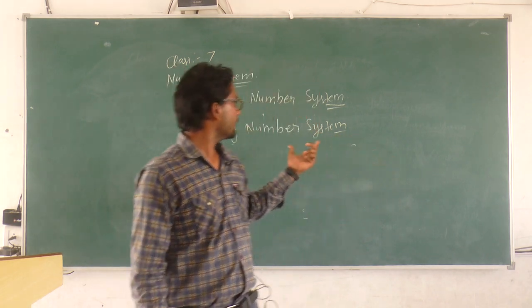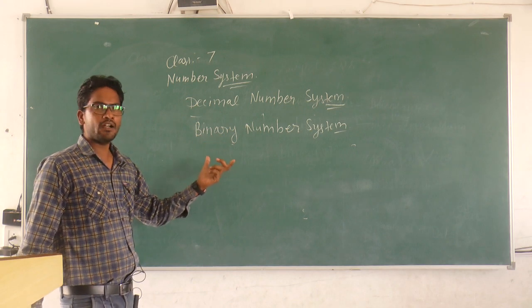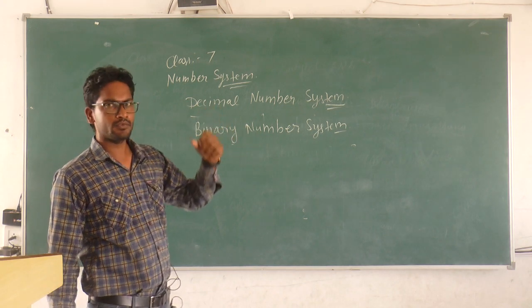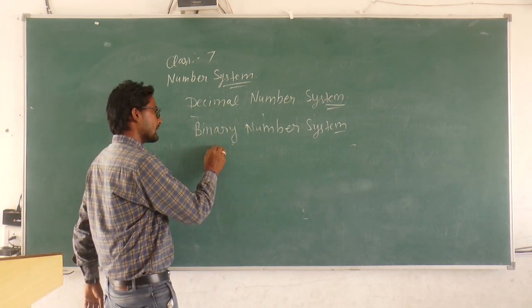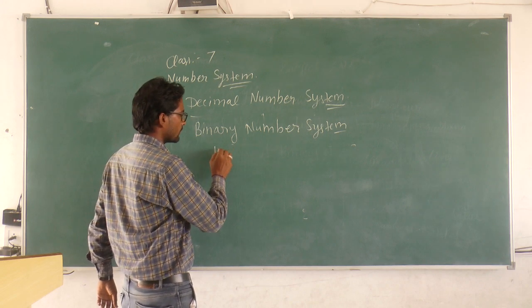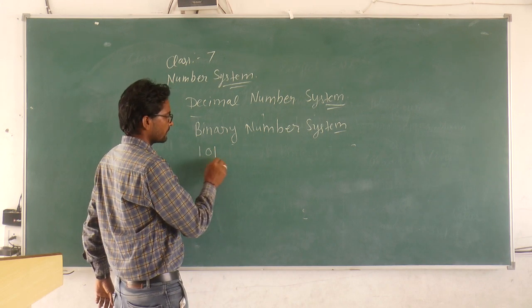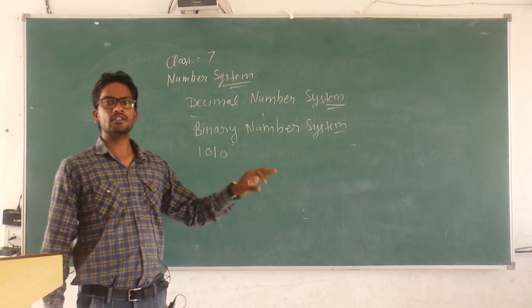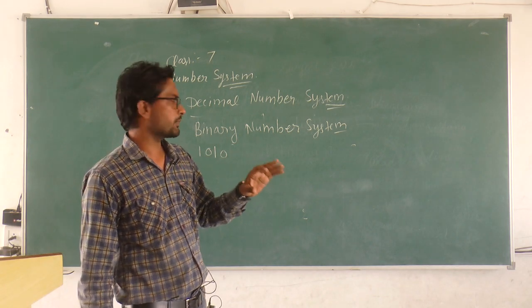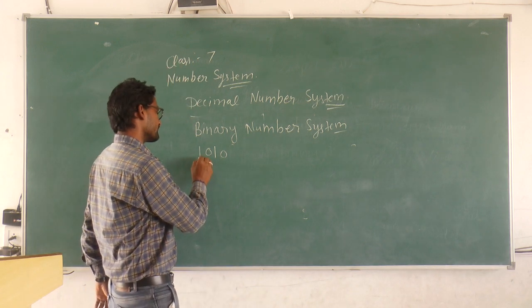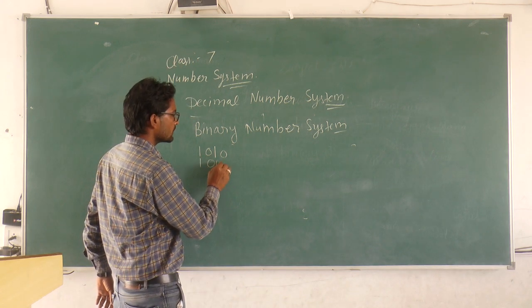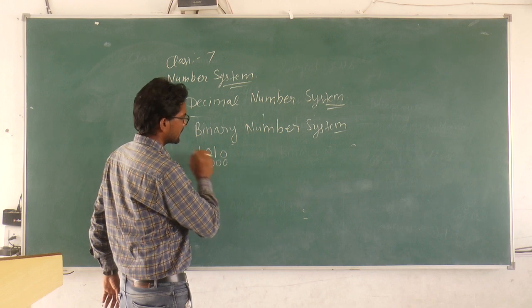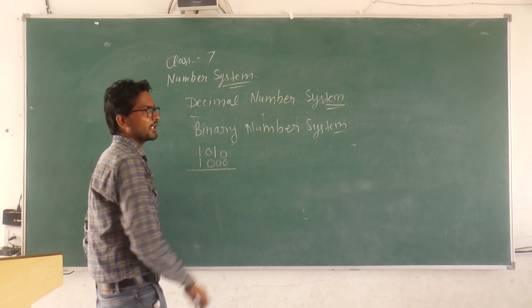But here we will learn how we can add in the binary number system. We will take a binary number 1, 0, 1, 0. This is your binary number system. The second one is 1, 0. This is also a binary number.